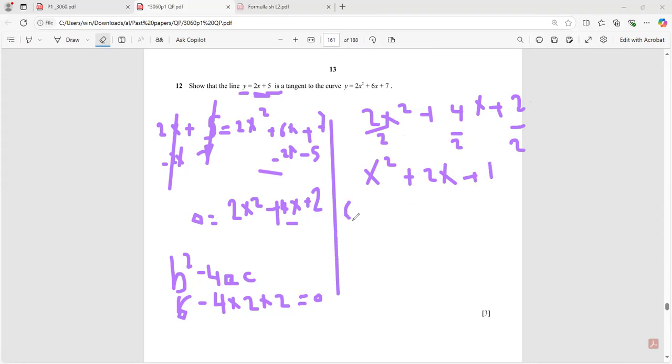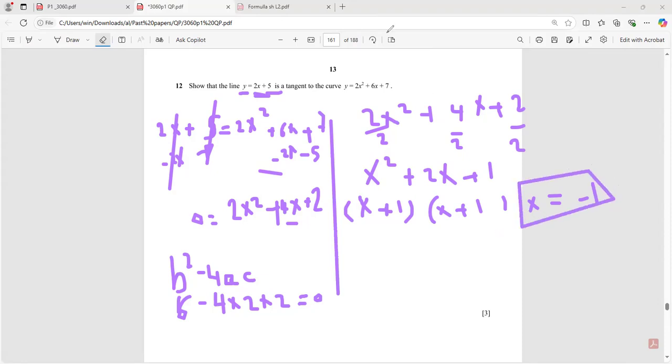You can solve it by factorizing, which is x plus 1 multiplied by x plus 1, the same. So here we have one solution, x plus 1, and here x plus 1. So x equals negative 1.